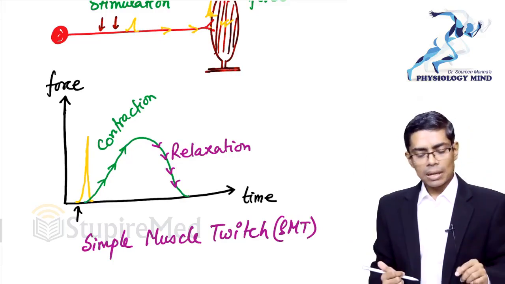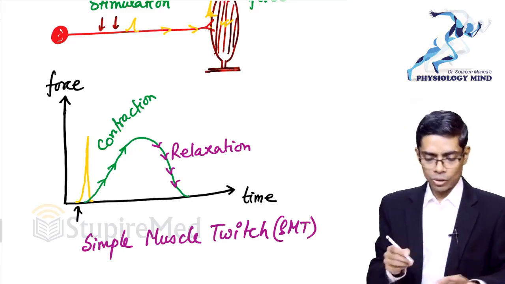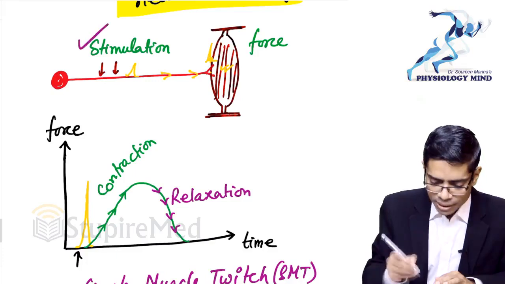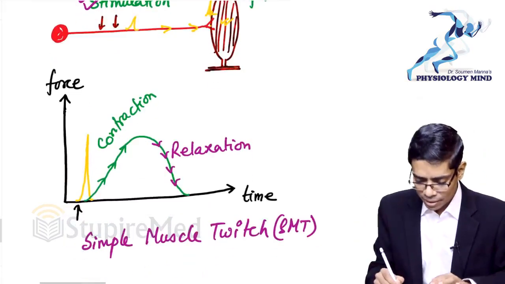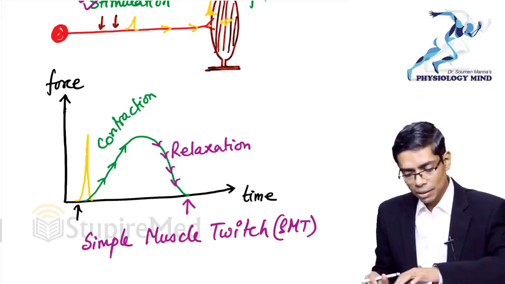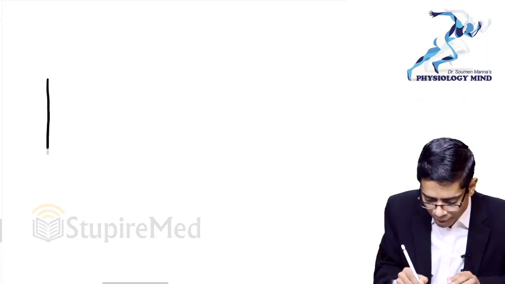Now suppose at a quick interval I give a second stimulus to this neuron. One stimulus I have given here, followed by another stimulus applied here. Now the graph will look like this; again I am drawing the same type of curve in a different manner.